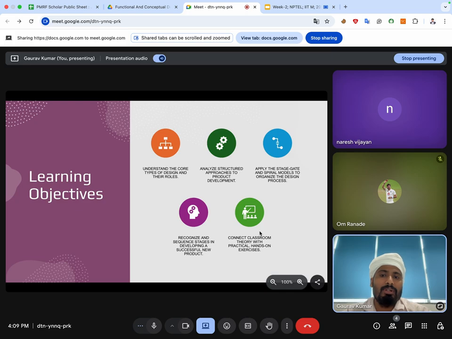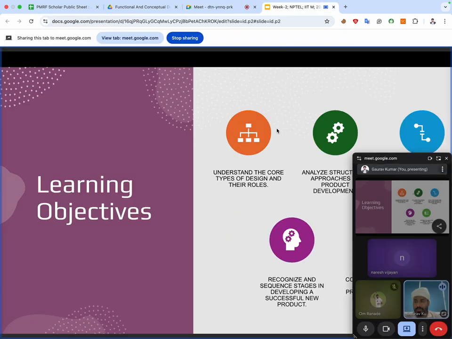We will finish by translating all this theory into practical actions. You will learn how to apply these frameworks to actual projects, such as designing assistive devices, mobile solutions or systems. This is the bridge between what we learn in the classroom and what the industry actually expects. Okay, moving to the next slide.